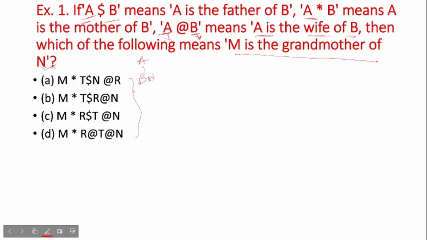What is the relation of star? Star means first person is mother of the second. That means M is mother of T. It's mother, so you need to represent it with a negative sign or a minus.